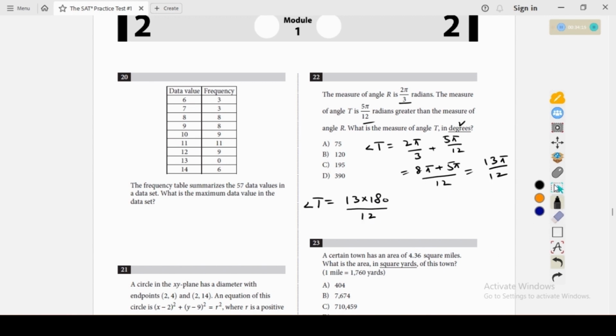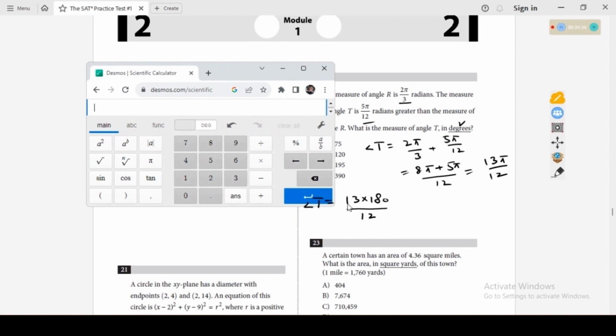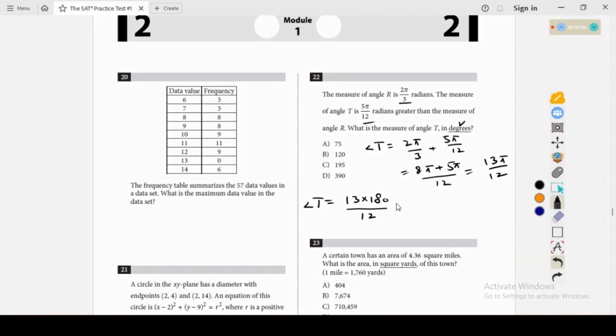Let's solve this by the use of calculator. 13 times 180 divided by 12. So the answer is 195. So C is the correct answer.